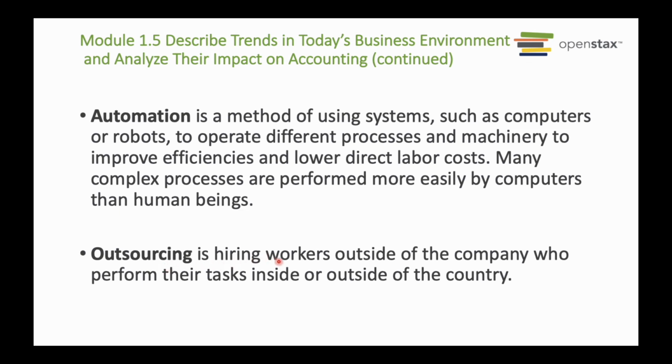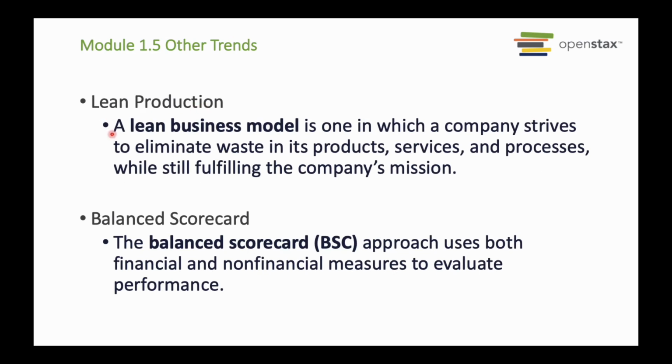This is the hiring of workers outside of the company who perform their tasks inside or outside of the country. Lean production. A lean business model is one in which a company strives to eliminate waste in its products without compromising on fulfilling the company's mission.